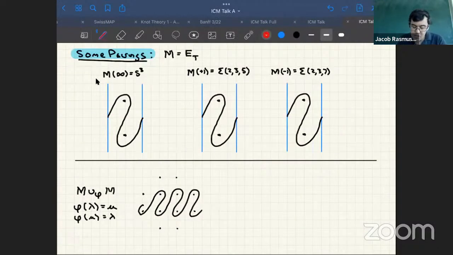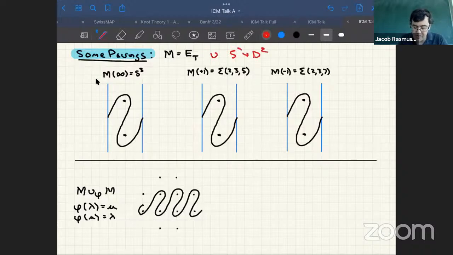Okay, so I said that we can use this invariant to compute the HF hat of manifolds obtained by gluing two manifolds together along a torus. Now maybe the easiest gluing that you can do is a Dehn filling. That's where I take maybe E_K union S1 times D2.